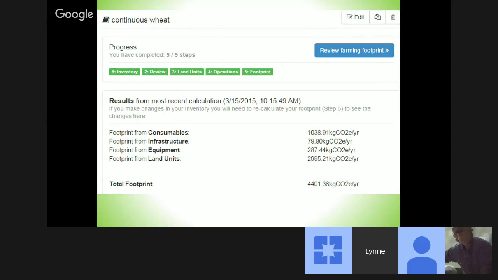So the land unit there means that's the crop and soil gas dynamics. And in this scenario, that was the major source of footprint. So when we talk to producers, then we're asking, what are the other kinds of information outputs and comparisons would you like to see?